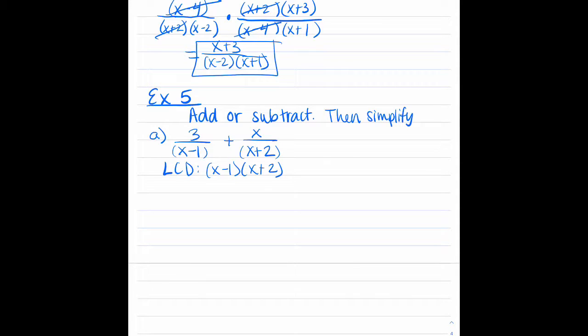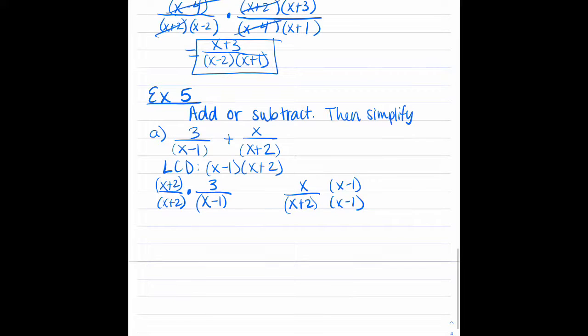So I'll just show you how we do that. We've got our 3 and our x minus 1 on the bottom, and we need that to be multiplied times x plus 2 in order to get that on the bottom. And then over here, I'm going to do the other one, x over x plus 2, and that one needs to be multiplied by x minus 1 in order to get that least common denominator on the bottom.